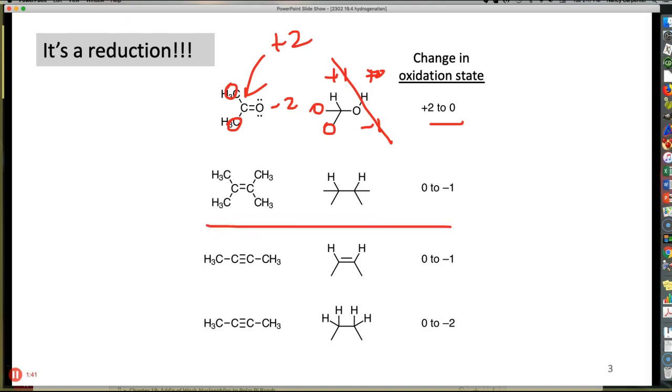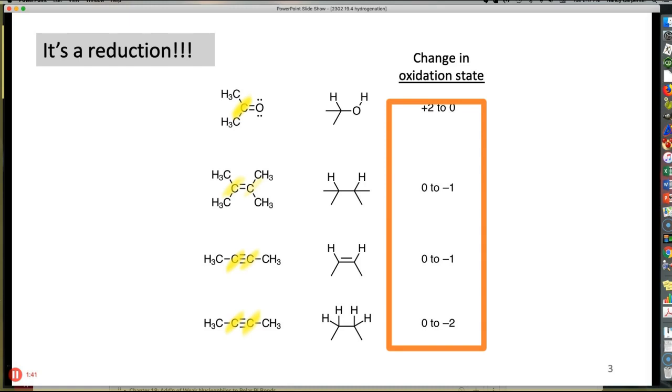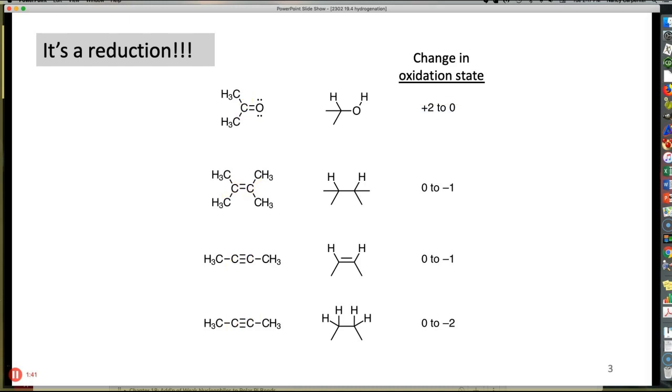And of course what you should do is go through the math for all of these and convince yourself that, in fact, these are the changes in oxidation state. What we're talking about is the change in oxidation states of the affected carbons. So I'm highlighting the affected carbons with the little yellow highlighter. Those are the ones you want to calculate the oxidation states for and convince yourself that, yes, all of these reactions are reductions.